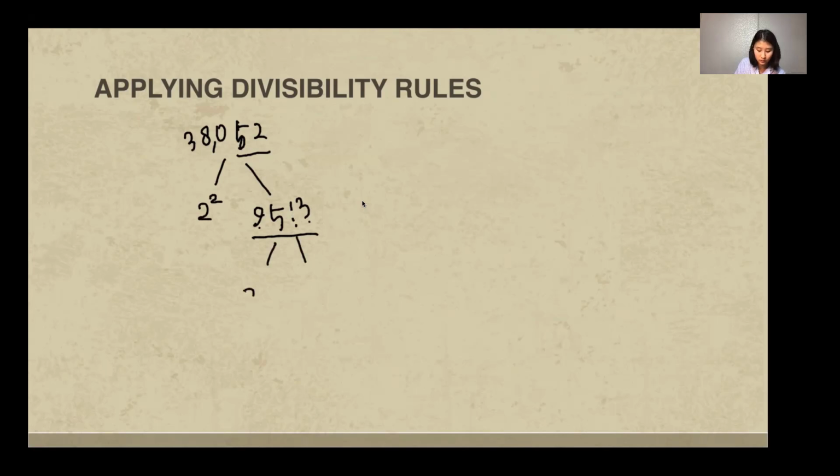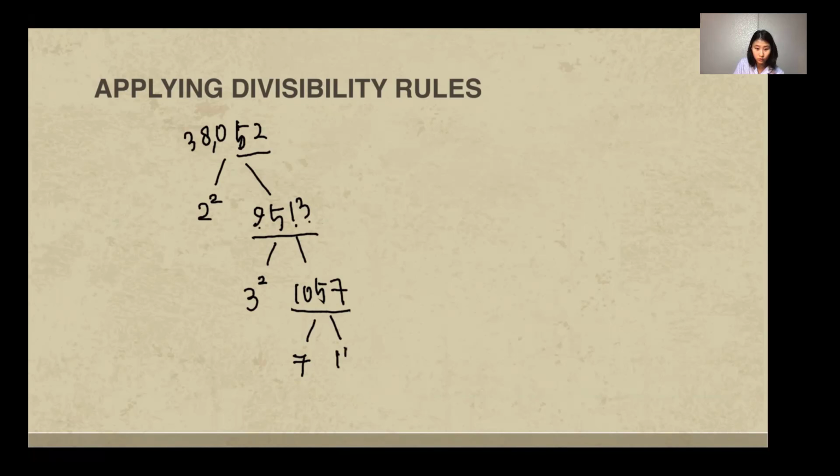So we can also write this as 3 to the power of 2, 9, and 1,057. So we're going to keep going down, and we realize that we don't really have any divisibility rules for this number, but we can do simple division and find that 7 is a divisor of 1,057.